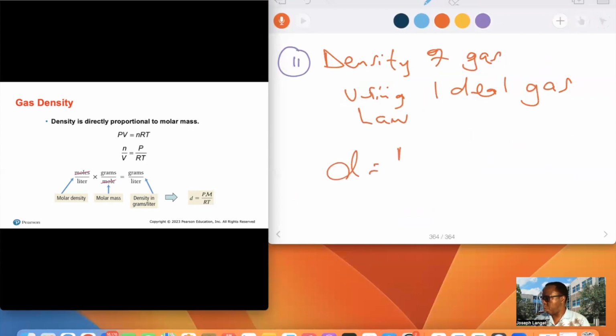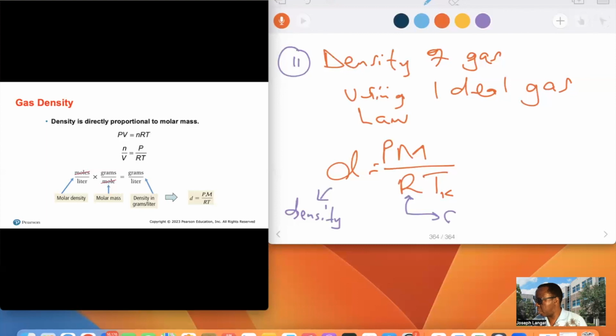Density equals molar mass times pressure over the universal gas constant times temperature in Kelvin. You don't need to derive this; it is just an illustration of how to get the equation for density. This is the density, and here is the gas constant.